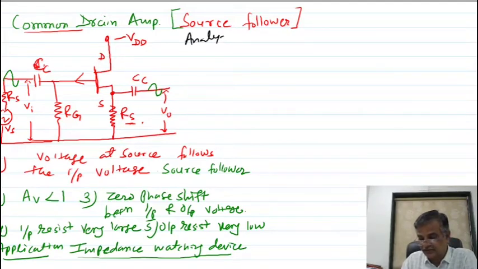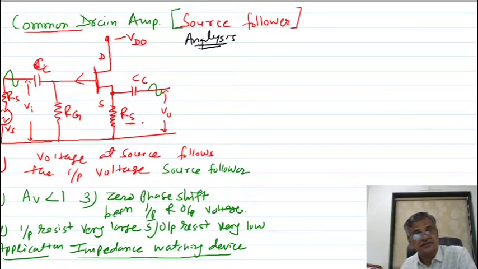Now we will discuss the analysis. I am drawing the current source equivalent circuit. So look carefully at the way we are drawing.